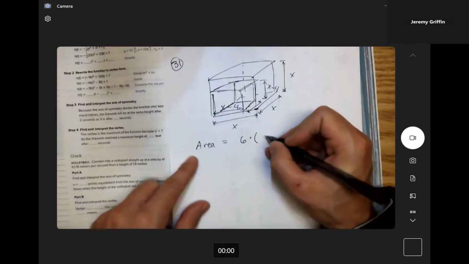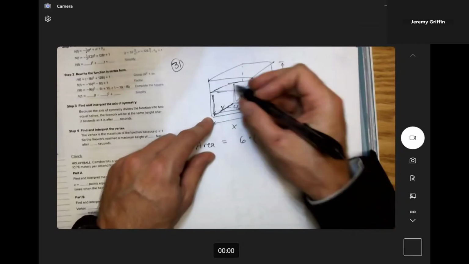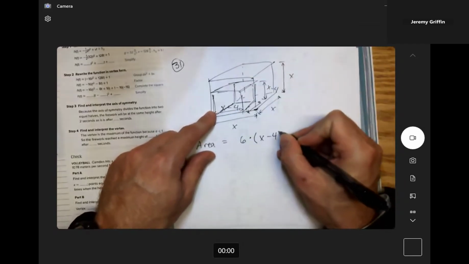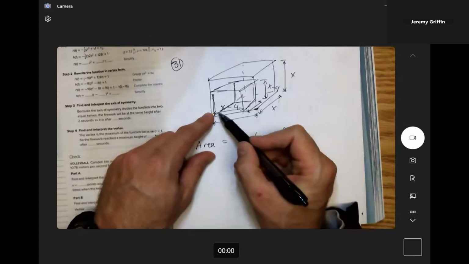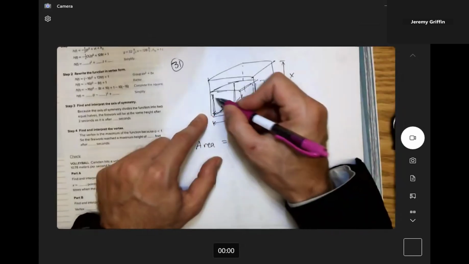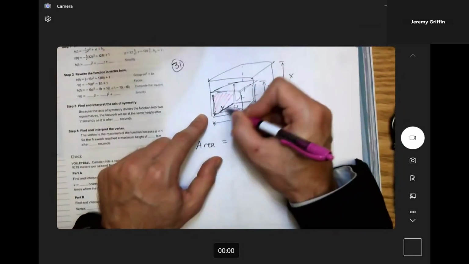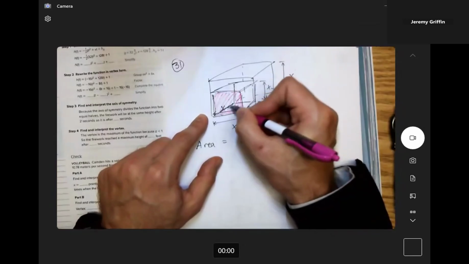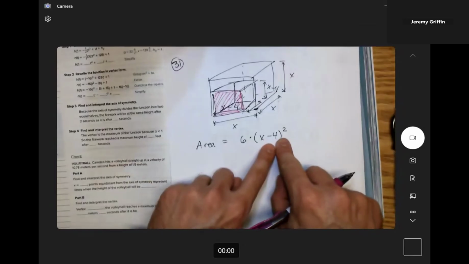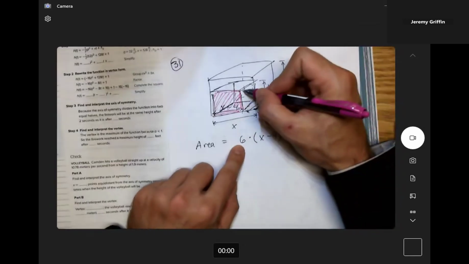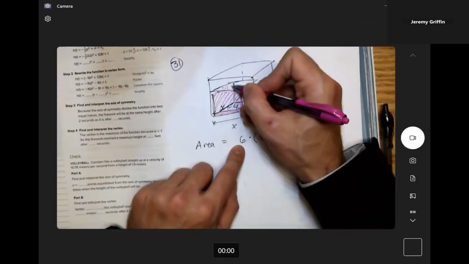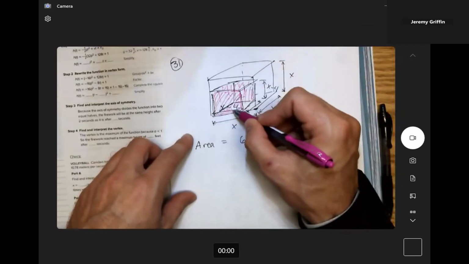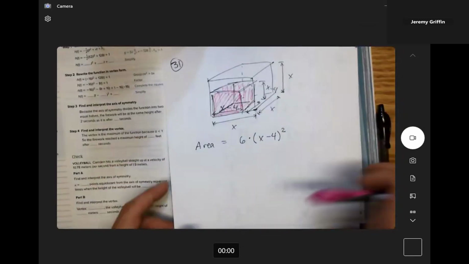For the new, smaller cube, that'd be x minus 4 squared, because x minus 4 times x minus 4, this width times this height, gives you one face. That's x minus 4 quantity squared, and there would be 6 of those faces. So I got 6 faces.